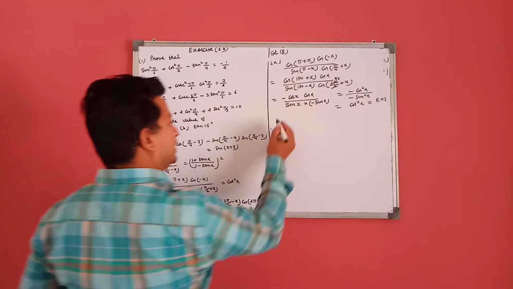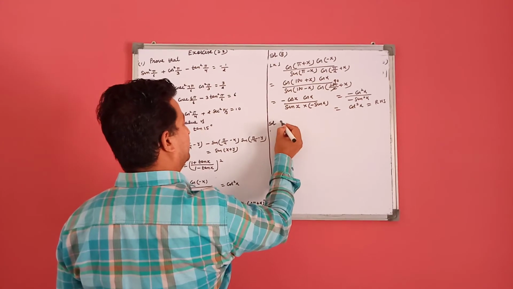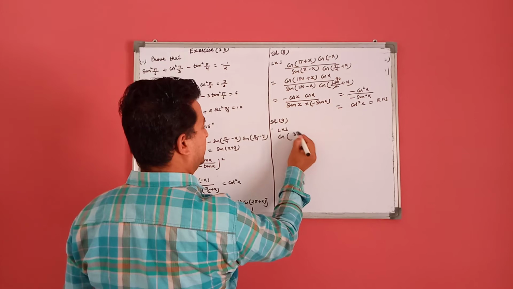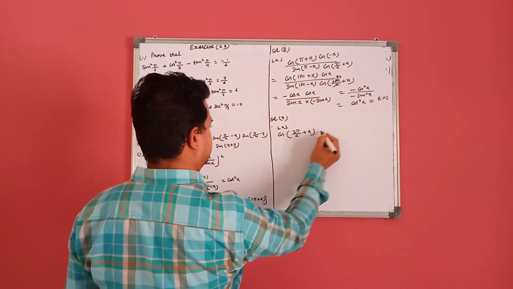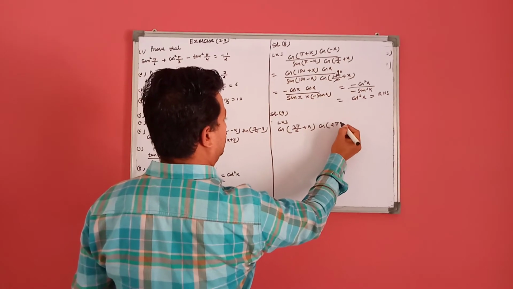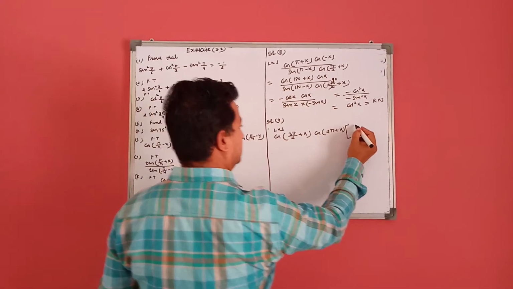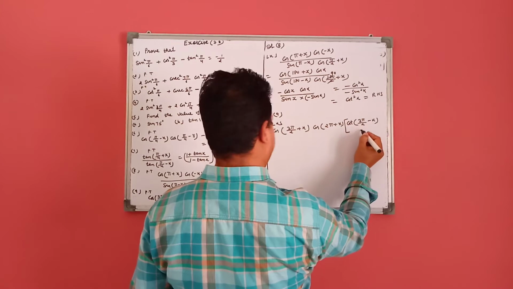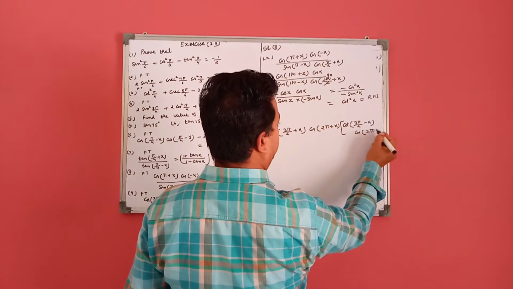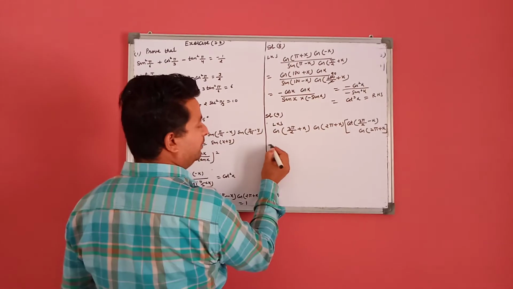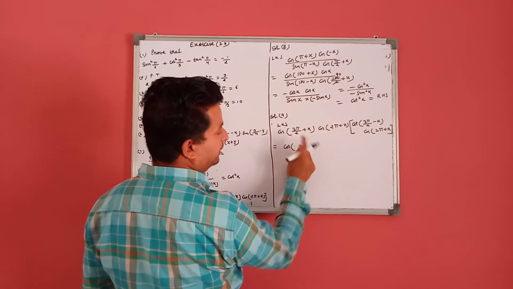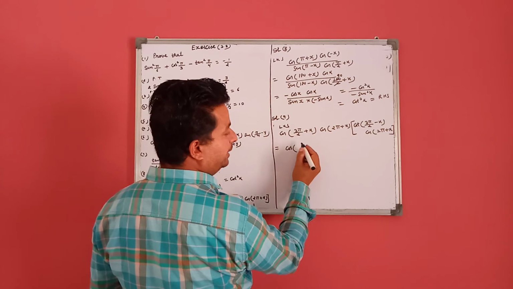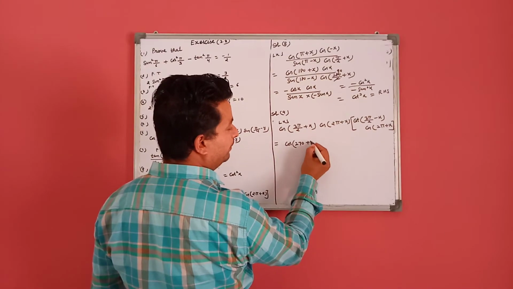In question number 9, the left hand side is cos(3 pi by 2 plus x) cos(2 pi plus x) cot(3 pi by 2 minus x) cos(2 pi plus x). When we put the value of pi here, this becomes 180, 2 cancel out, 90, 90 into 3, 270.